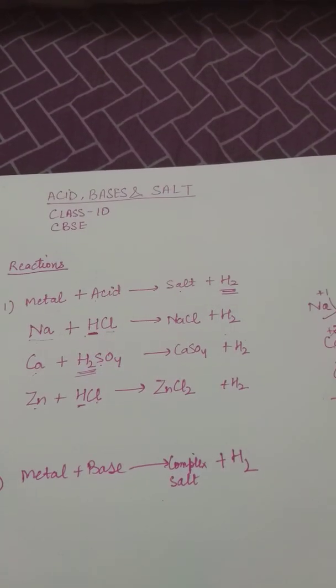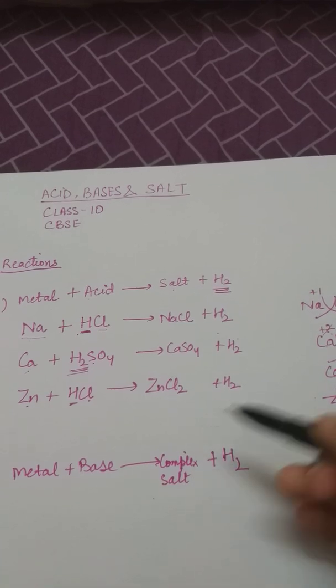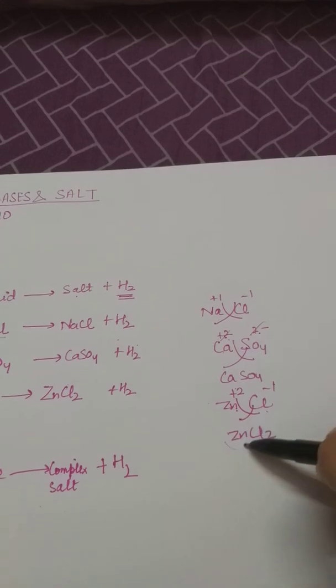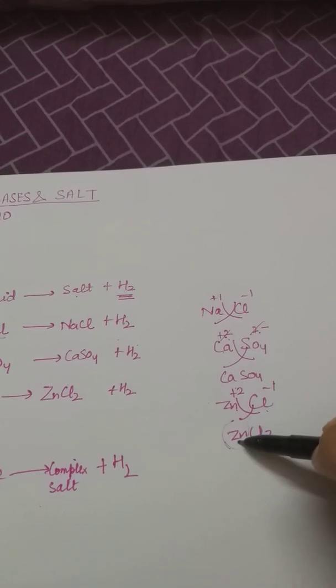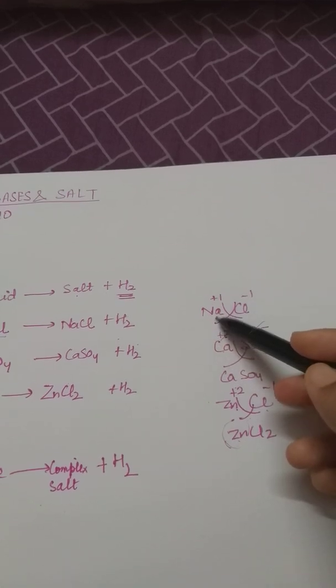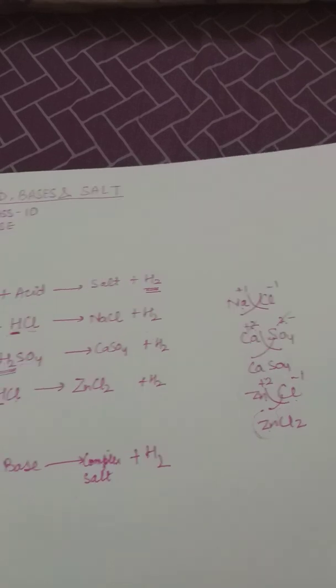Now what is the meaning of complex salt? Remember, it is a salt having more than one kind of metal. In the earlier reactions we had only one kind of metal, like zinc, calcium, sodium. In a complex salt more than one kind of metal is present.